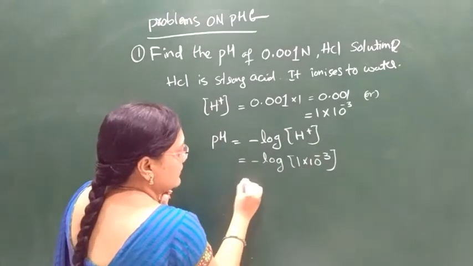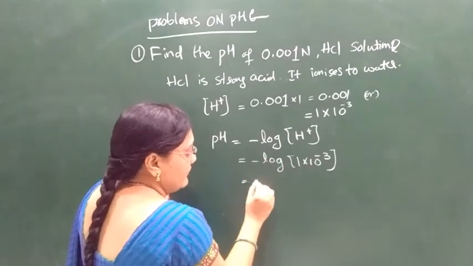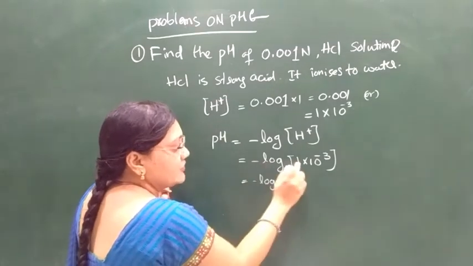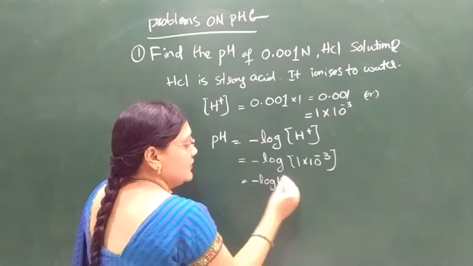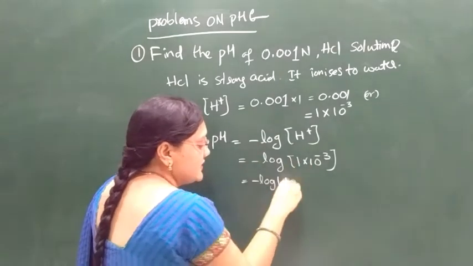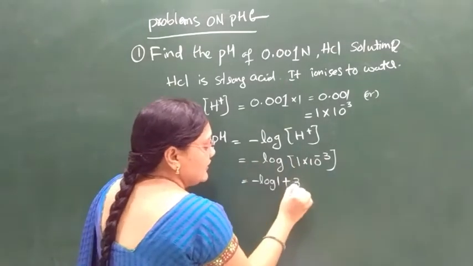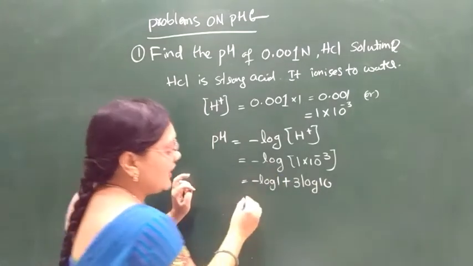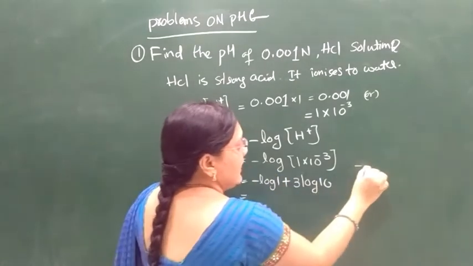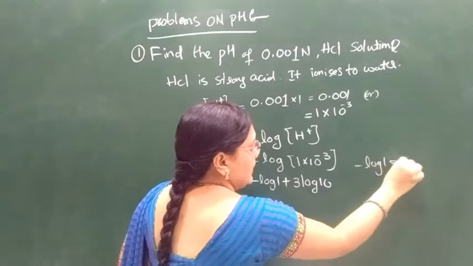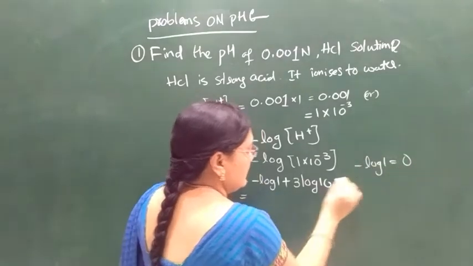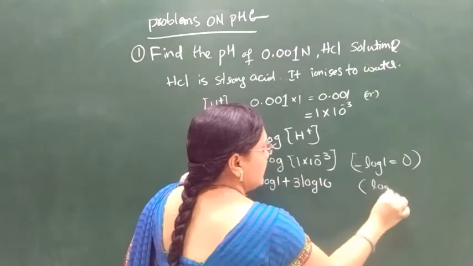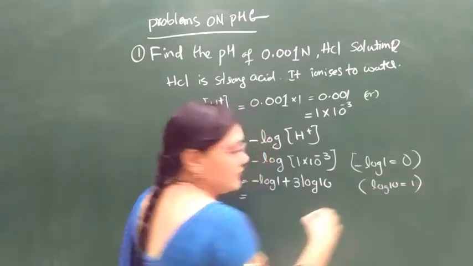Minus log of 1 into 10 to the power of minus 3 becomes minus log 1, and minus into minus gives plus 3 log 10. Minus log 1 is 0, and log 10 is 1.